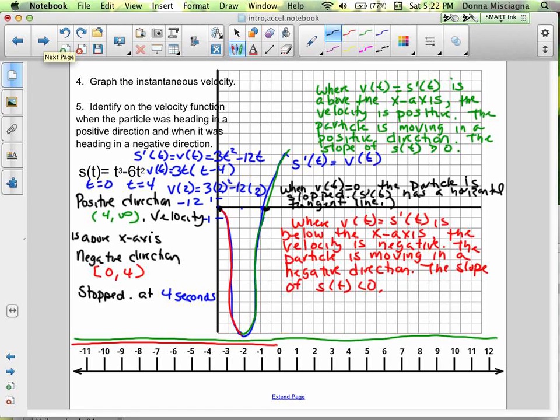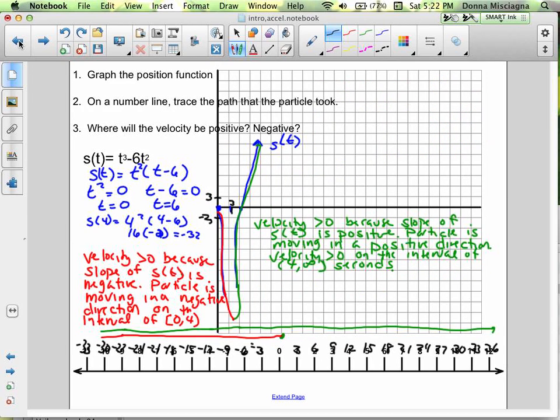So there wouldn't be a horizontal tangent necessarily here because we don't have any more graph. If we had more graph, by the way, the graph would have touched and turned. So there would be a horizontal tangent at t equals 0 if we had negative time, but we don't have any graph over there. All right, if we look back here, we can see right here was the horizontal tangent.